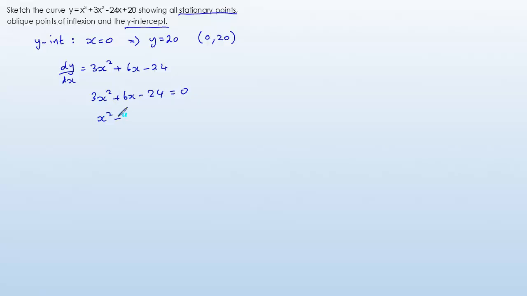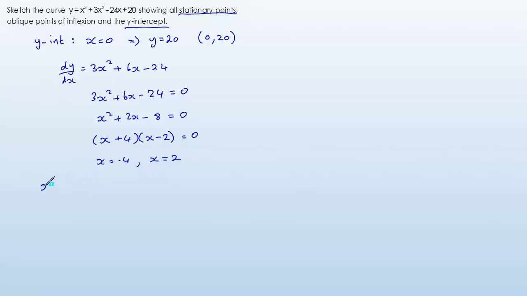So that's x squared plus 2x minus 8 equal to 0, and I think we can factorize that. So x and x, if we put in 4 and 2 and make this one a plus and this one a minus, that does the trick. So x is negative 4 or x is 2.